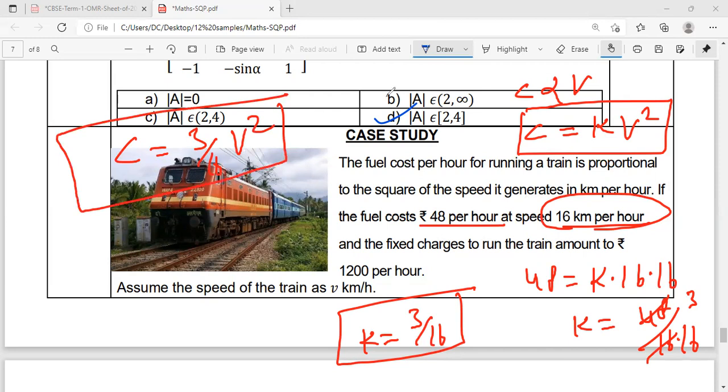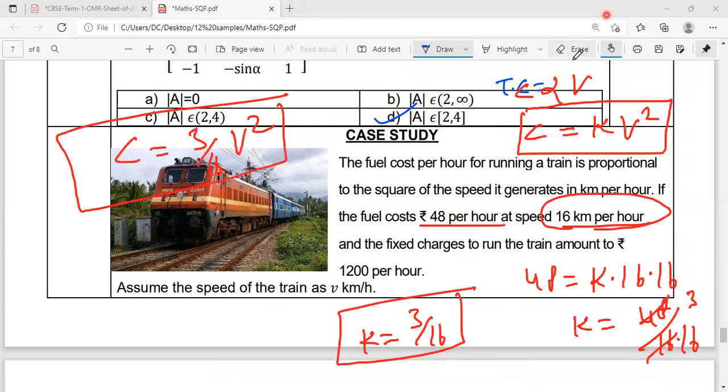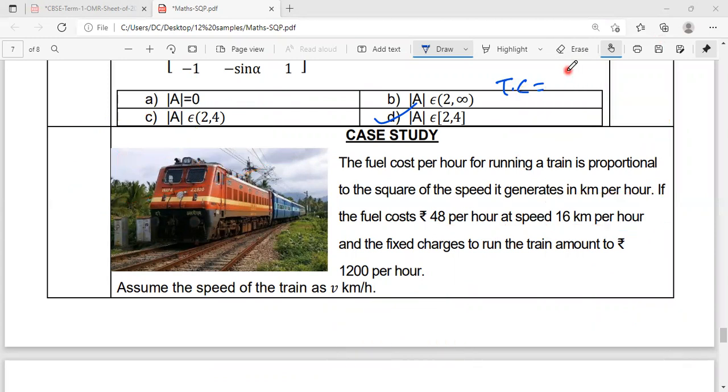Then what would be the total cost? See, the total cost can be written as: the fuel cost was 3 by 16 V square. The total cost will be 3 by 16 V square plus 1200, into time, whatever the time is; you multiply that by time.